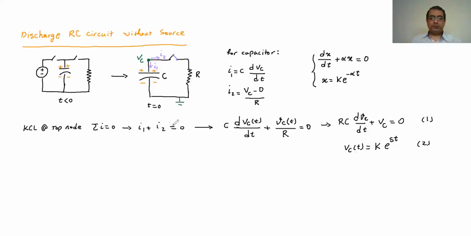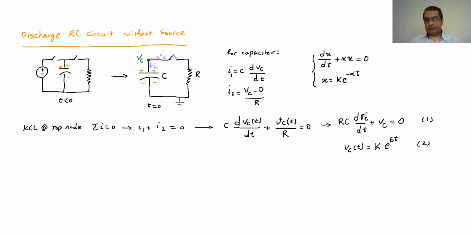One more time, let me walk you back through that. We write the node voltage method for the very top node here. Then we come up with this differential equation, which shows the change of voltage through time. Now we need to solve it to see how the voltage changes.